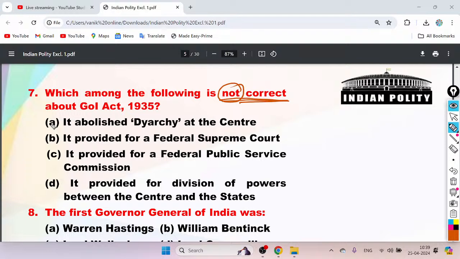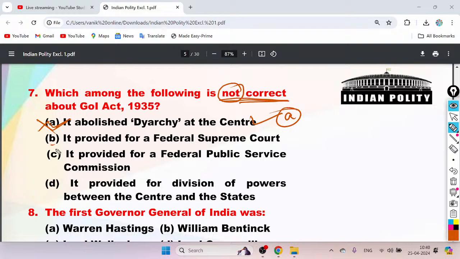So it abolished diarchy at the center? No. It introduced diarchy at the center. Rather, it abolished diarchy at the provinces, which was introduced under Government of India Act 1919. So that is not correct. So the answer will be A.